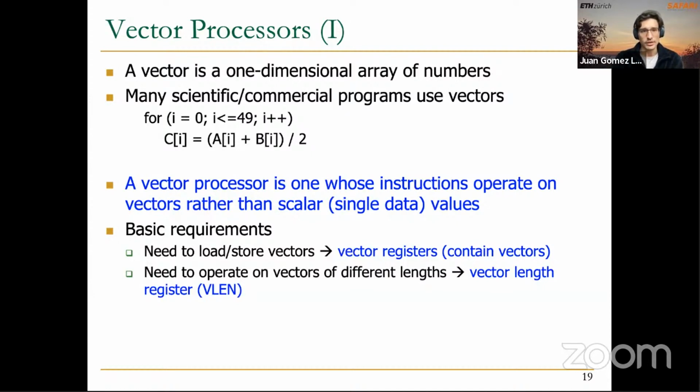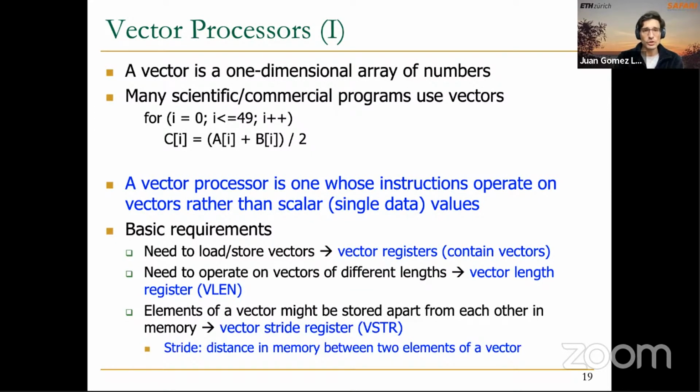We will need 10 cycles to input all the operands to the processing elements and finish the execution sometime later. Another type of register that we will need in vector processors is the vector stride register, which is going to define the way that we access memory. In a very basic, simple example like this one, all consecutive elements of arrays A, B, and C are going to be accessed, but there may be access patterns that are not like that.